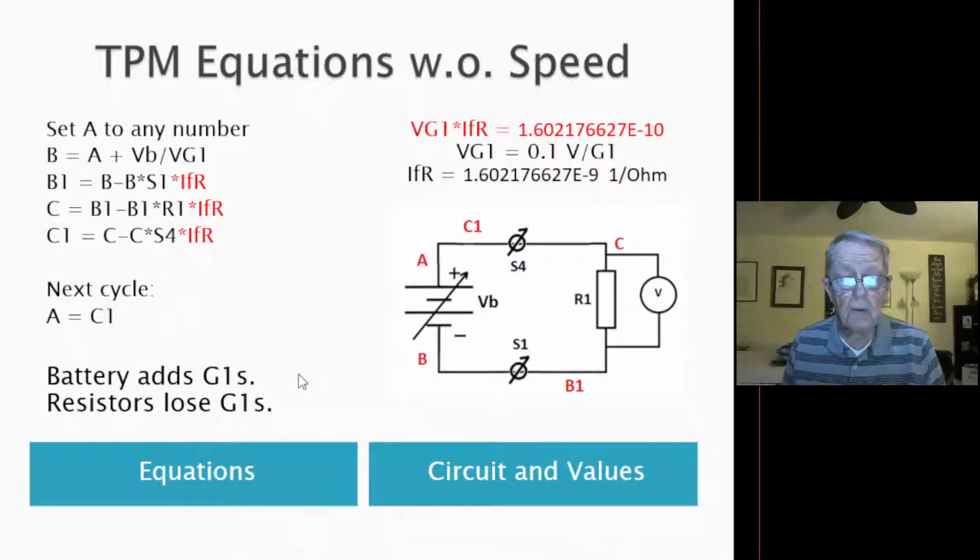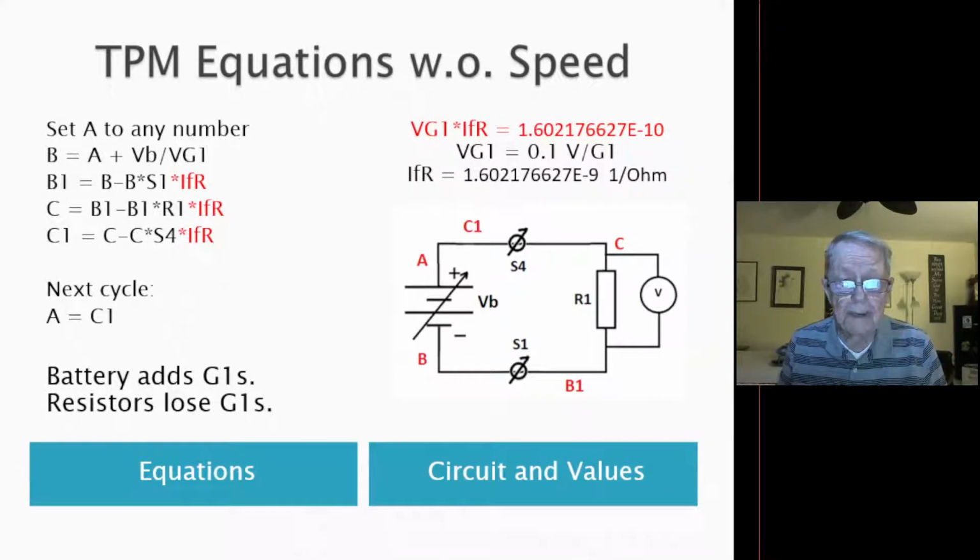I put these equations in a spreadsheet and I can calculate certain things. This is a set of constants that I hope to find the actual value of each one, but for now I have to assume that VG1, the volts per G1, is some value, and that the interaction factor is equal to this number divided by VG1.